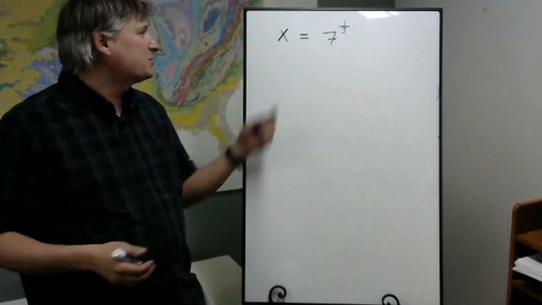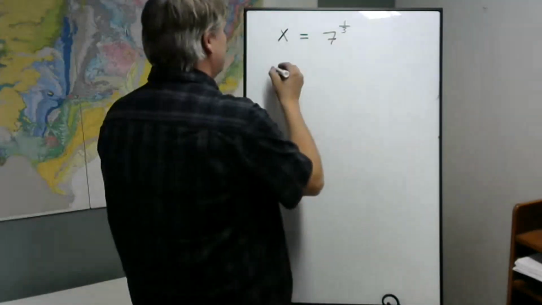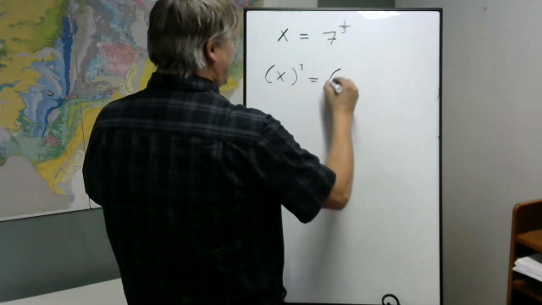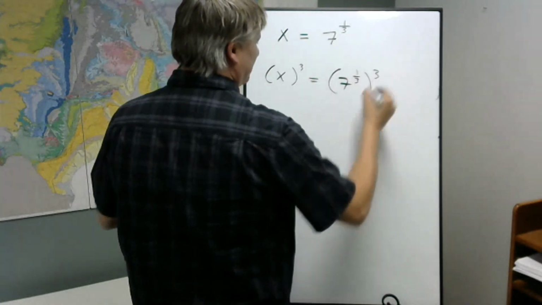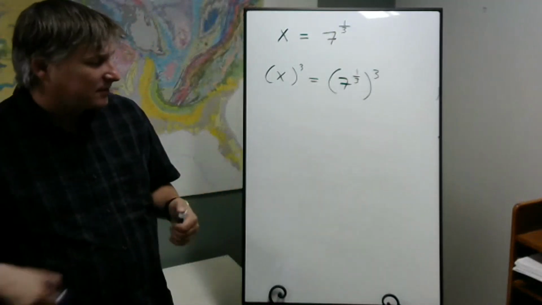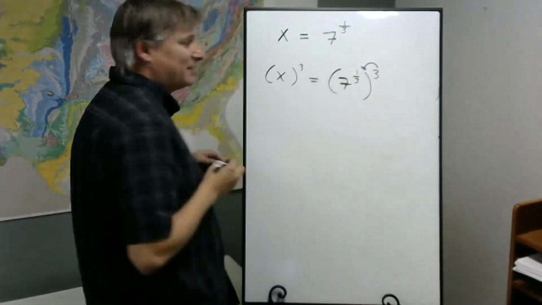Well, what we can do is let's cube both sides. So we raise both sides to an exponent of 3. Now, if you recall from your rules for exponents, this one we're going to distribute as an exponent.